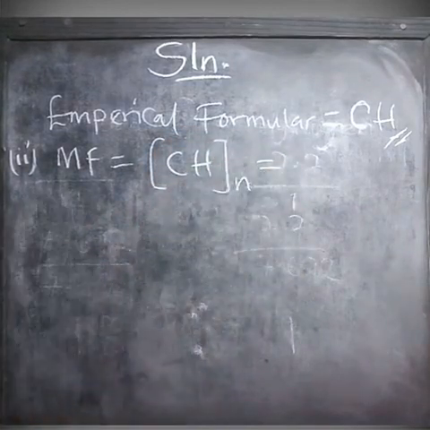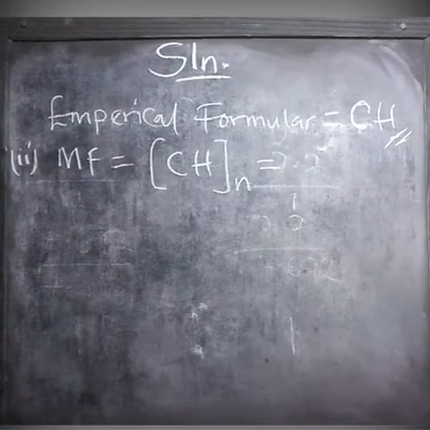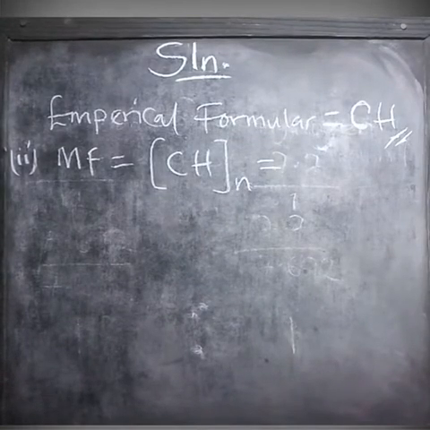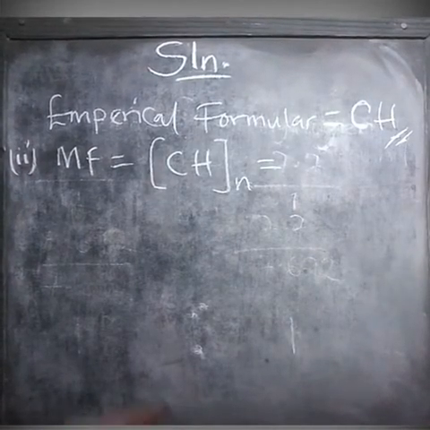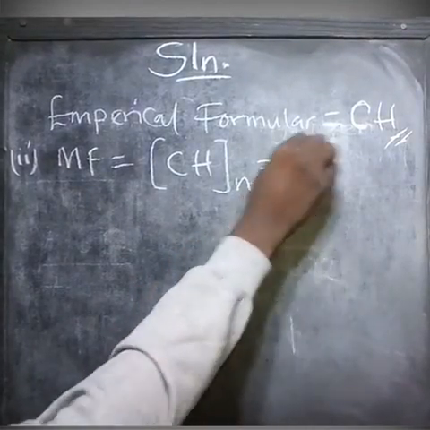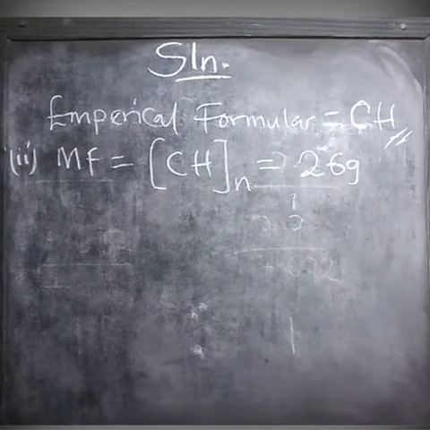Since we are to find the molecular formula of each one of them, we are to take their molar mass. So let's find that of X, where X is given in the question as 26 gram. So let's quickly work it.